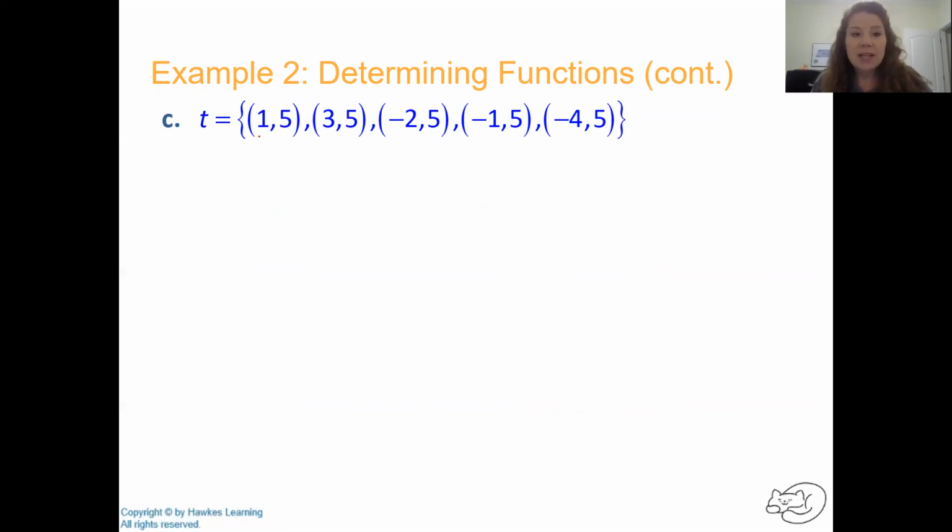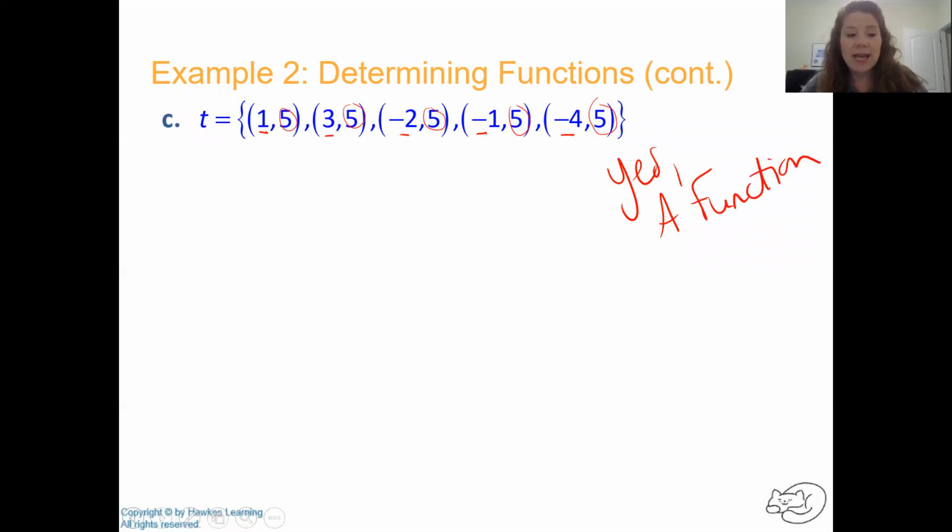We have the x values 1, 3, -2, -1, and -4. Like I said earlier, even though all the y values are the same, it doesn't even matter. As long as every x value is unique, it is a function. Yes, this is a function. So that's what you're looking for, the x values.